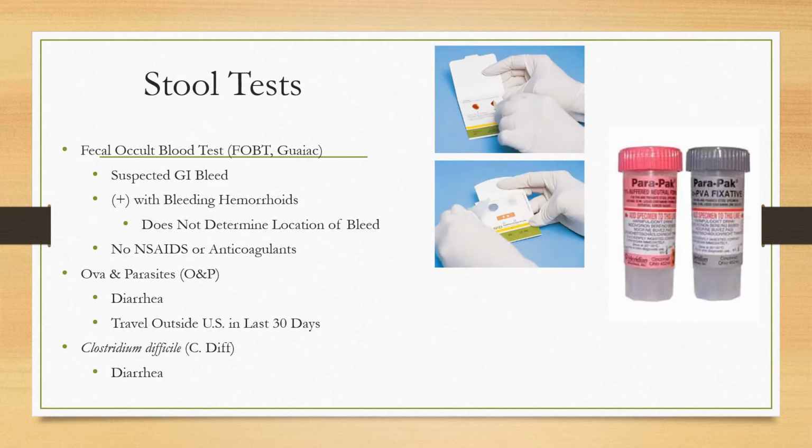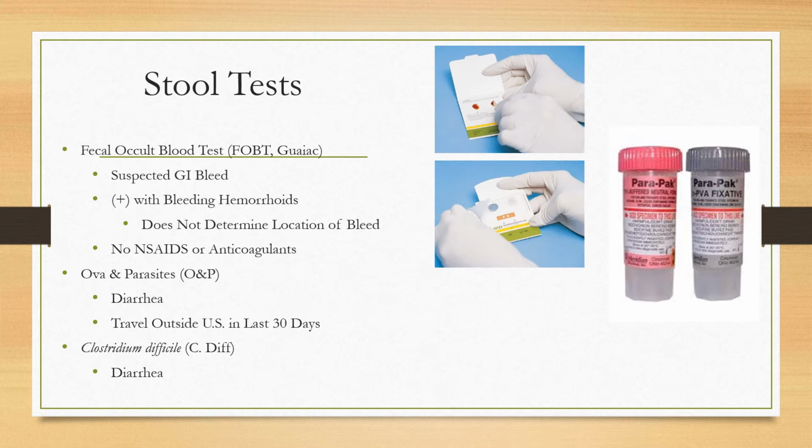Okay, so let's look at some stool tests. The first one is fecal occult blood testing. We'll acquire a sample of stool, and there's these little cards that patients get, or that we could use in the hospital. We put some stool on one side of the card, close the card, turn it over and put the solution on it.